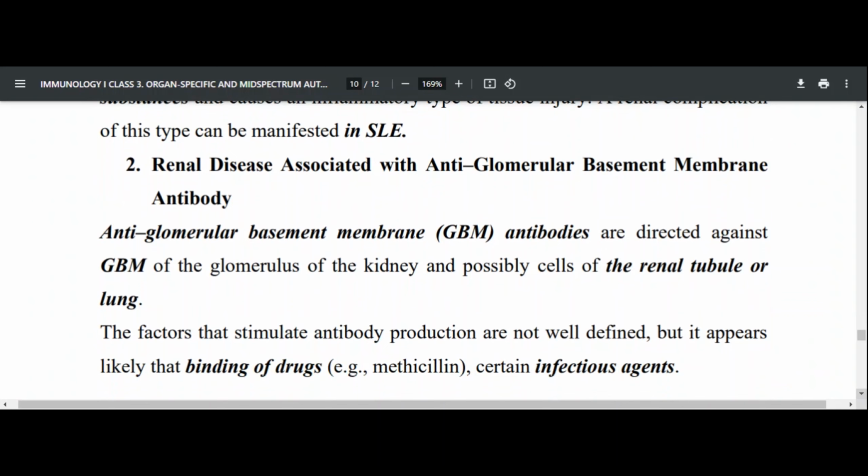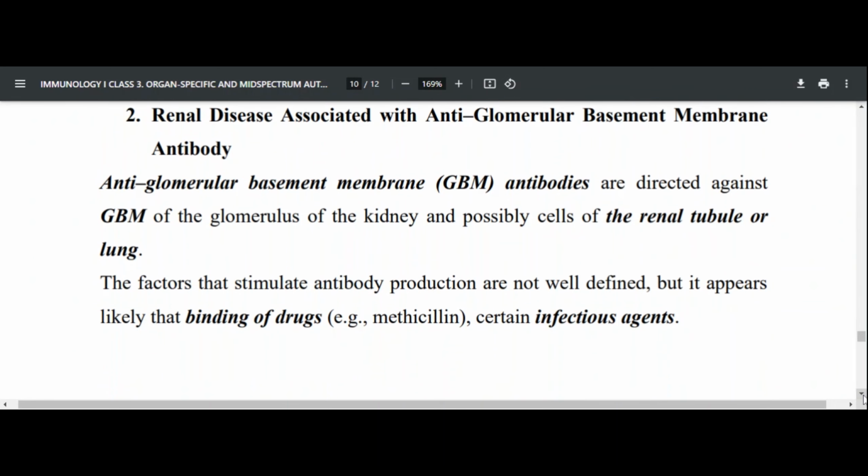Sometimes they can also be stimulated by some drugs, for example methicillin, and sometimes infections. So infectious agents and drugs, for example methicillin, can stimulate antibody production against the glomerular basement membrane, and this can lead to glomerular basement membrane autoimmune disease.